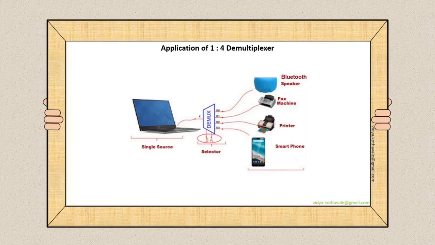Depending upon the select line inputs AB, we can decide whether the laptop is to be connected to Bluetooth speaker or a fax machine or a printer or a smartphone. At a time, our laptop will be connected to one of the output devices and it will be decided by keeping the proper status on the select line inputs AB.